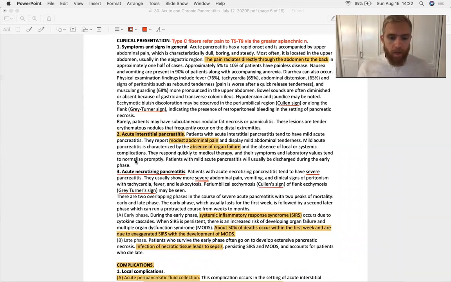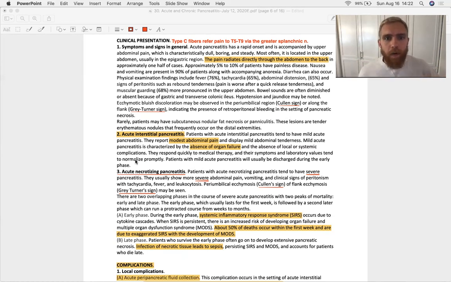What's really important about the referred nature of that pain is that it gets carried through type C nerve fibers, which I don't think are myelinated. If they are, they're very sparsely myelinated. This is in contrast to A delta pain fibers that carry pain from the somatic dermatomes. Those are going to be larger fibers that send quicker messages.